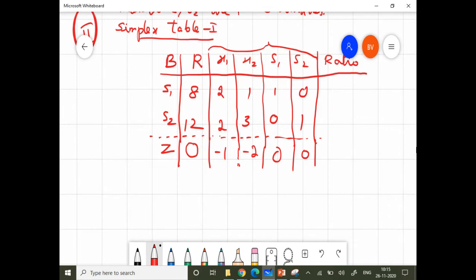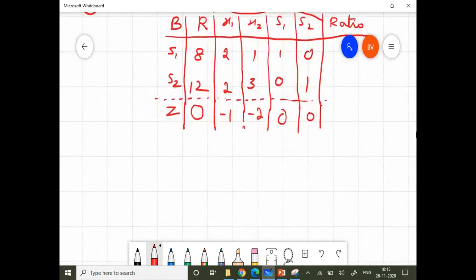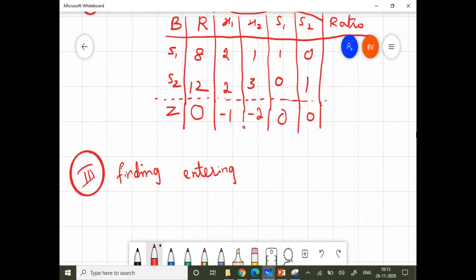Now we are going to do an important task here. Step 3 is going to be on this table: finding entering and leaving variables.